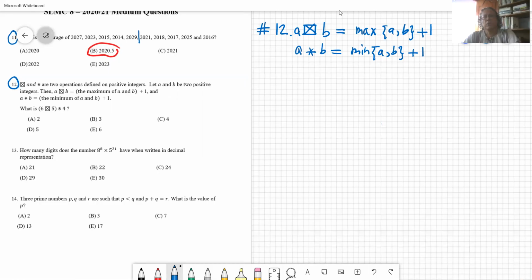So this is what we call binary operations because they are defined between two numbers, two things.